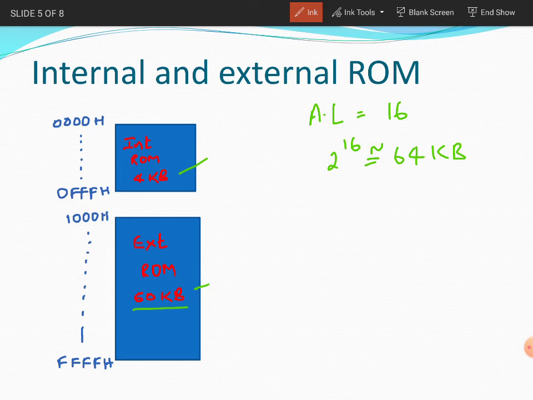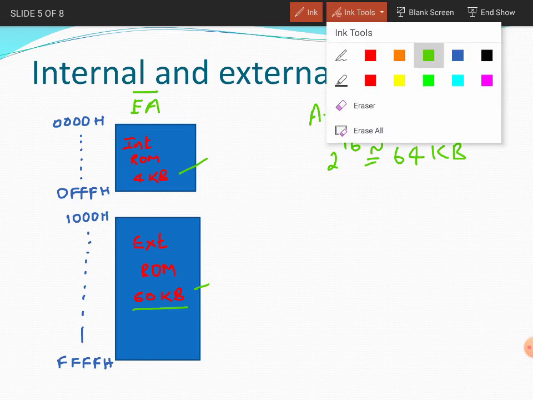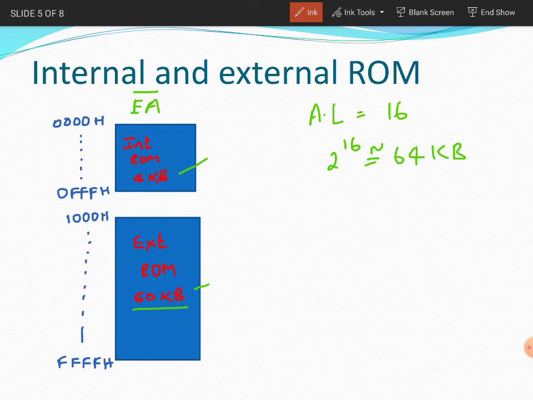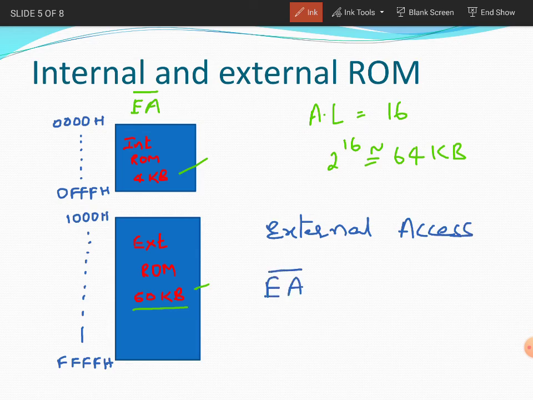We have a signal called EA bar, external access. EA stands for external access, and EA bar is an active low signal. When EA bar is equal to 1, it is internal plus external.